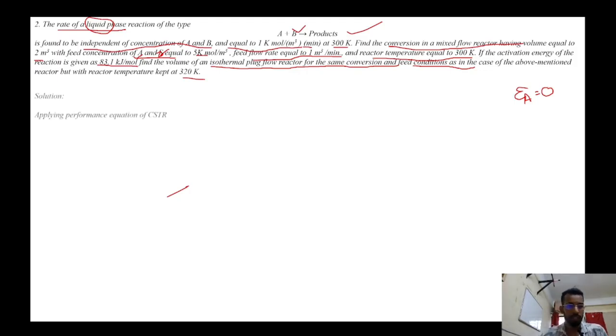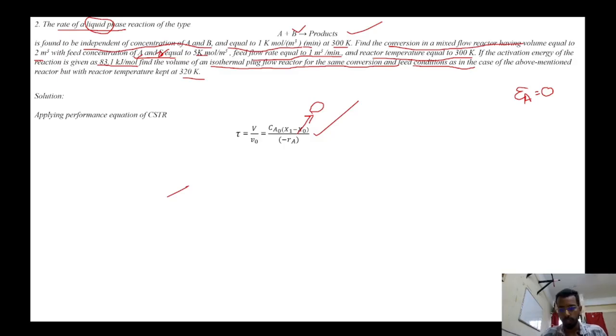Okay, so start the solution. Applying the performance equation of CSTR. So this is the performance equation of CSTR. We all know that. Okay, X naught is the conversion of the reactant in the inlet, and all the time it becomes 0, because there will be no conversion at the starting of the reaction. Conversion always comes after the starting of the reaction.